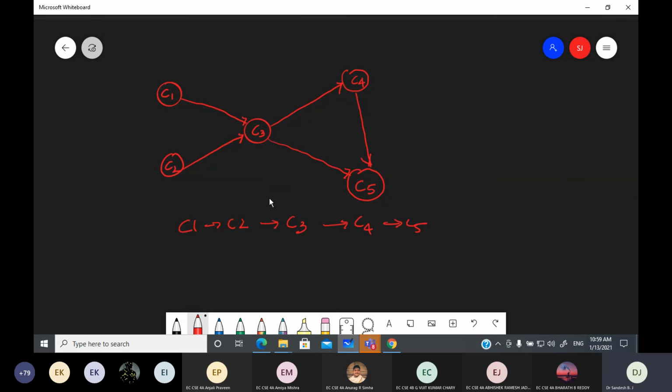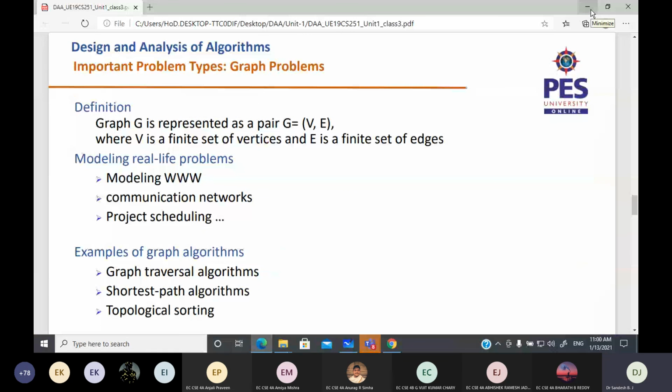So given the courses and these prerequisites, if that is modeled as a graph, we should come up with an algorithm to specify the order in which the student needs to take the courses. So such problems come under the category of graph problems, right? Several such algorithms you are going to discuss.